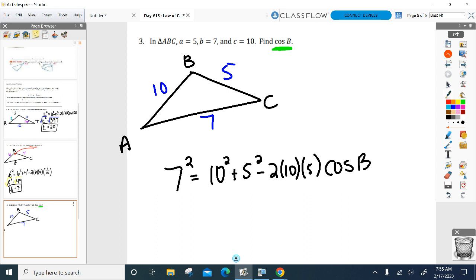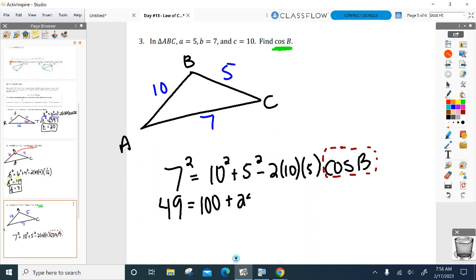So now, instead of solving for this left side here, I need your help trying to get that all by itself. This is not something I can go to my calculator and just type in one step, because what I'm solving for is on the right and not the left. So let's help each other here to solve for cosine B. 7 squared, 49. 10 squared, 100, plus 5 squared, 25.